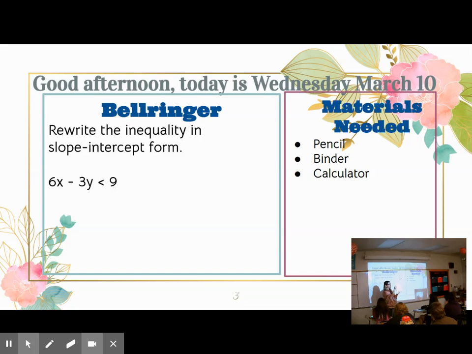What this should read is, determine if the following points are solutions to each inequality. So for number 1, you need to determine if point A is a solution, and then determine if point B is a solution. And then for number 2, you need to determine if point A is a solution, and then determine if point B is a solution. So it's like 4 problems there, 1, 2, 3, 4.